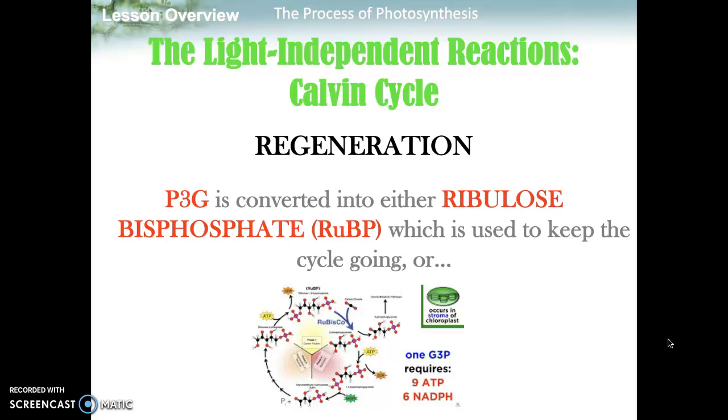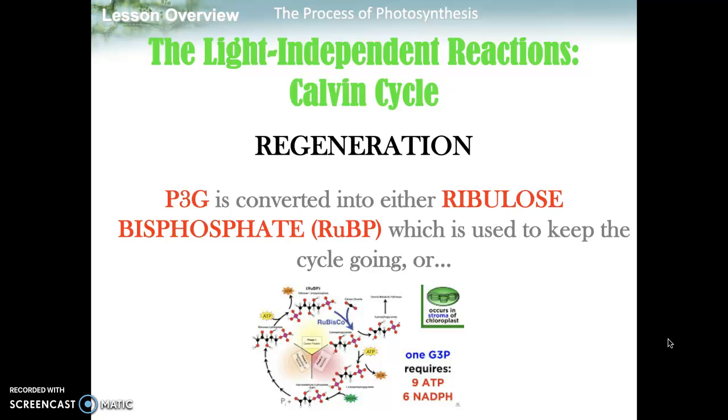If it goes through regeneration, it makes some more ribulose bisphosphate, which will cycle back through, join with some more carbon dioxide, produce some phosphoglycerate, which will become G3P, and we just keep cycling it and cycling it to make RuBP. This is necessary to keep the cycle moving.